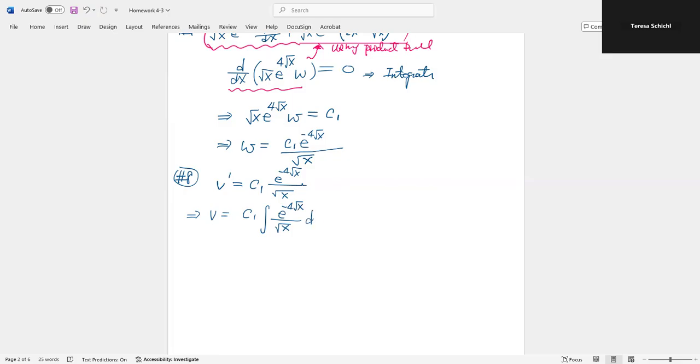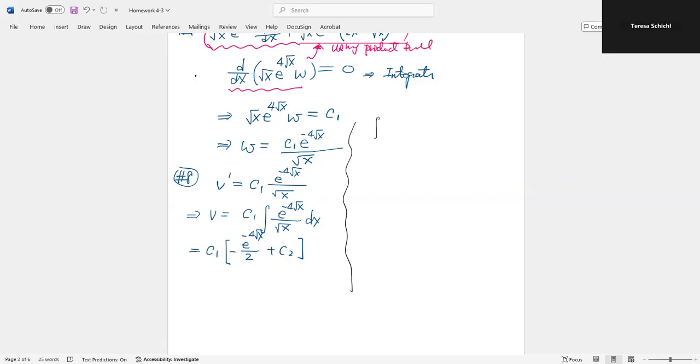Now after you integrate, this will be C1 times negative 2, and this is e to the negative 4 square root of x plus C2. Okay, so here I want to use different colors to show you how I get this, all right? So how do I get this?